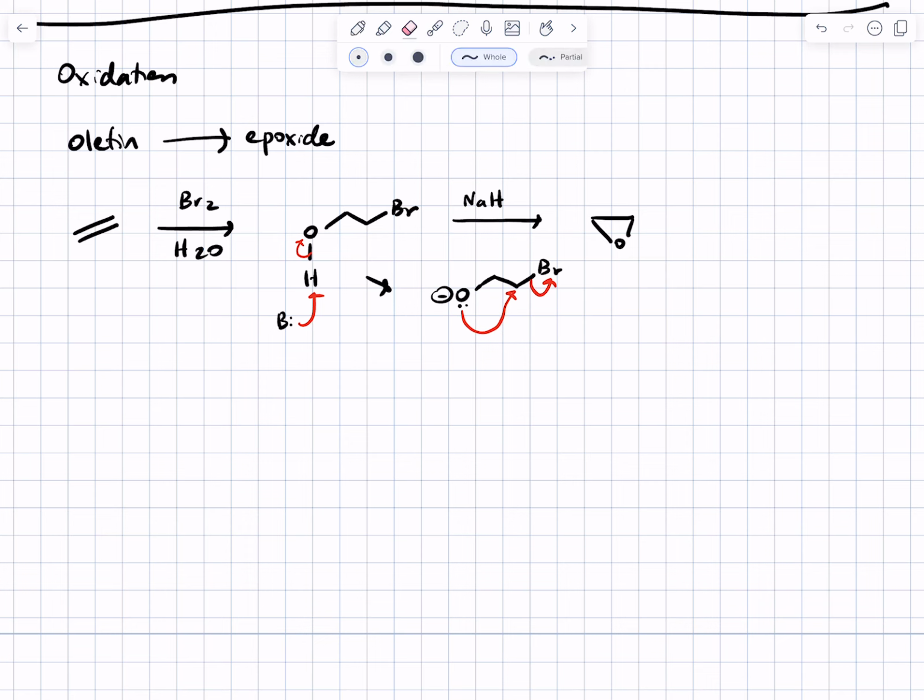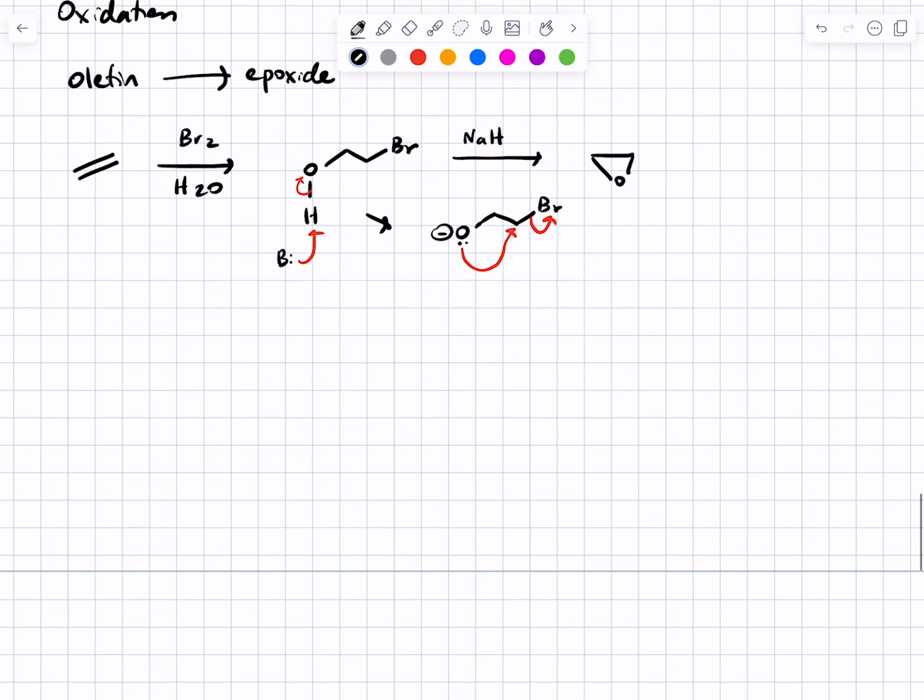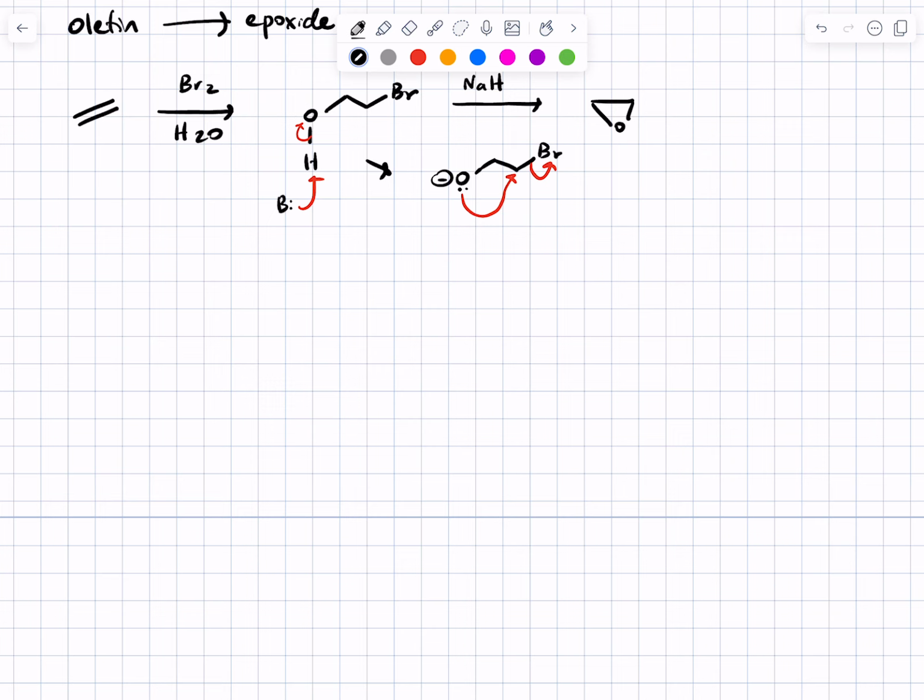However, there are reagents that can do the same reaction in one step. And a big area of organic chemistry is about doing reactions more efficiently and cheaply. If you have a reaction that you can do in one step instead of two, that often saves you a lot of time and money. So we're going to introduce a new reagent that takes the olefin and goes directly to the epoxide without the need of an intermediate.